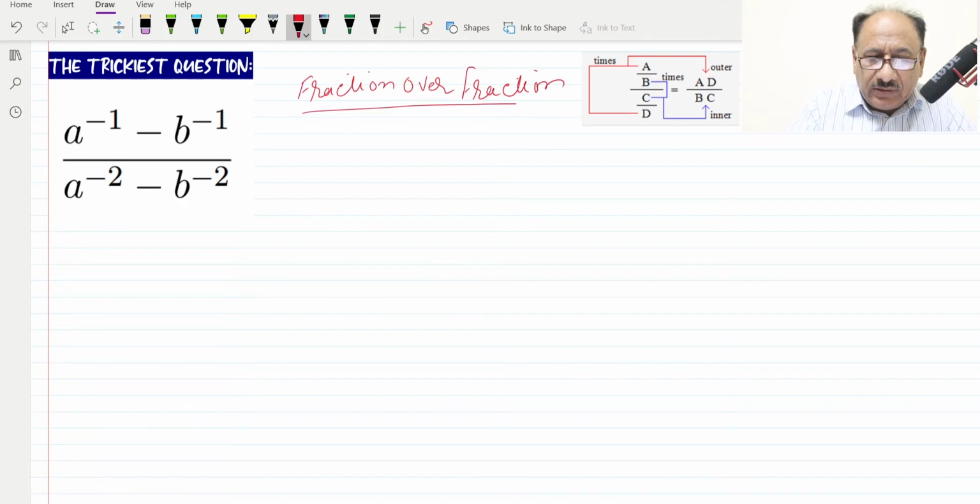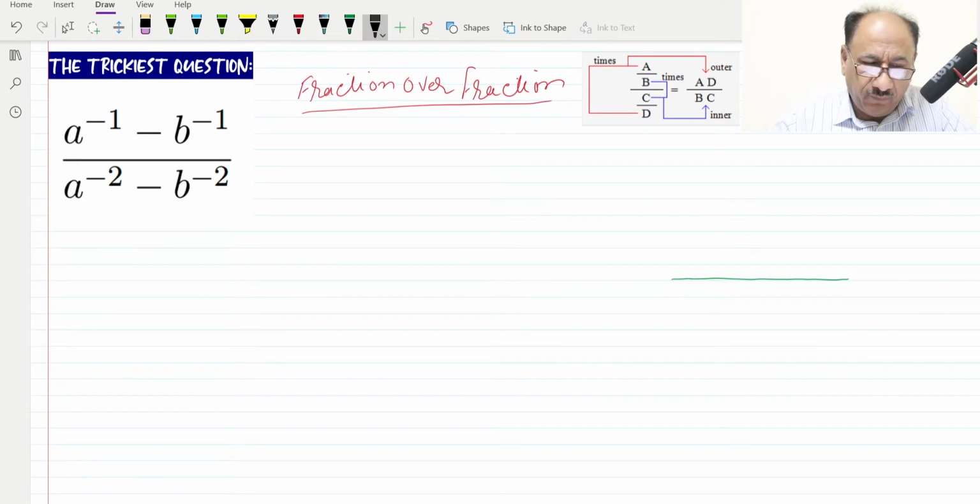In this type of situation, we have a main fraction, and we have a fraction, for example, 2 over 3 over here and 4 over 7 like this one.